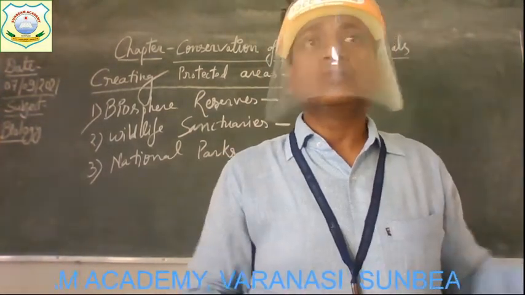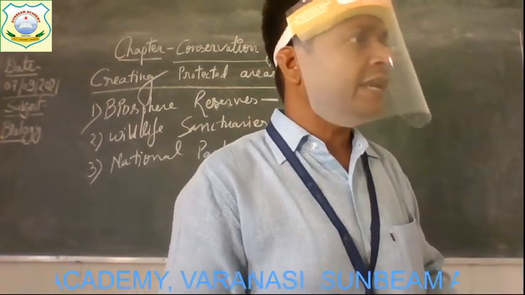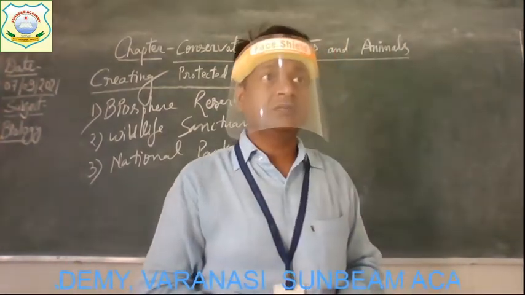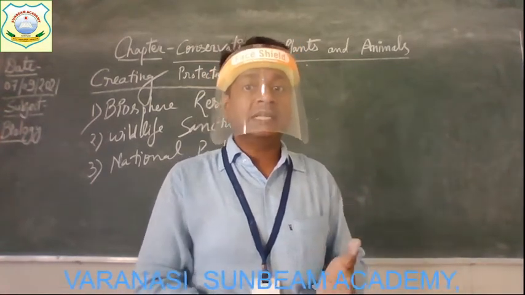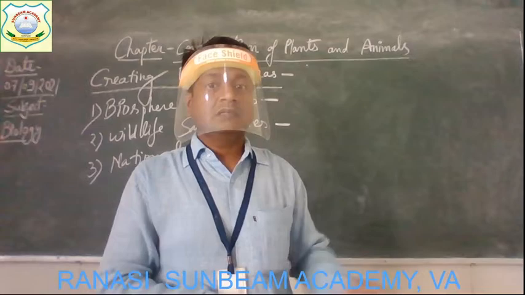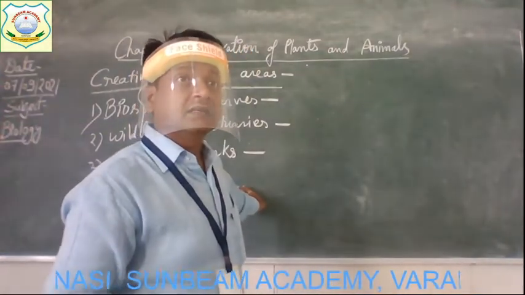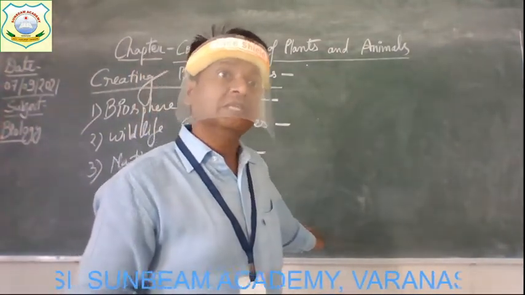So it gets captured. Just like that, other animals are also captured. So no killing, no capturing, and no cutting down of trees occurs in national parks and wildlife sanctuaries.